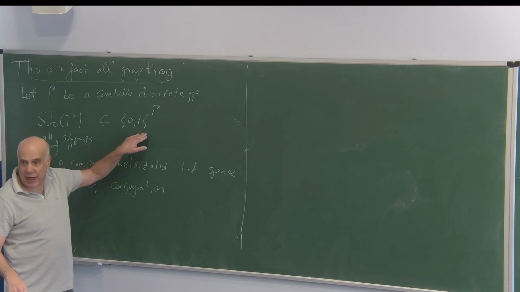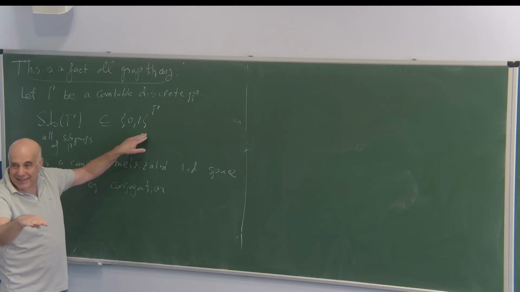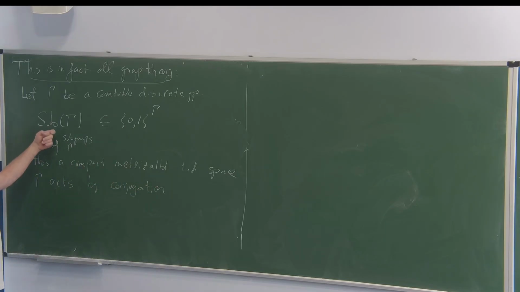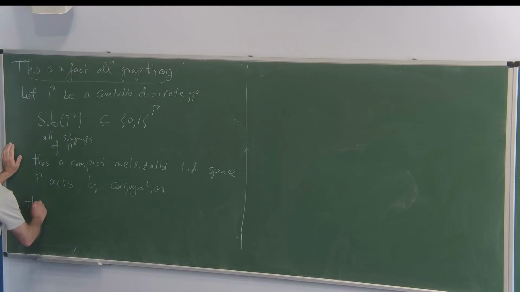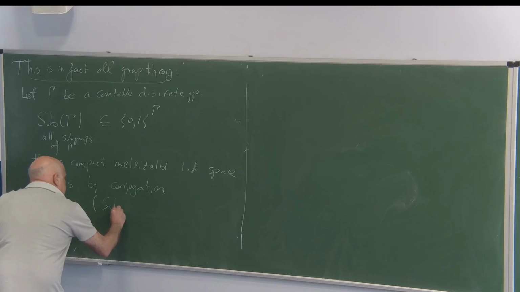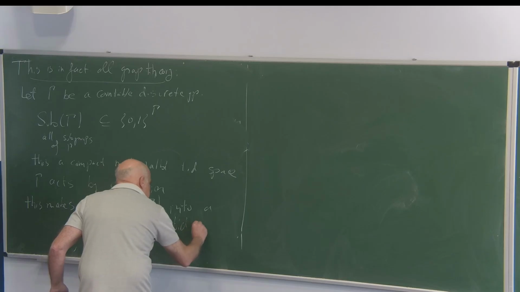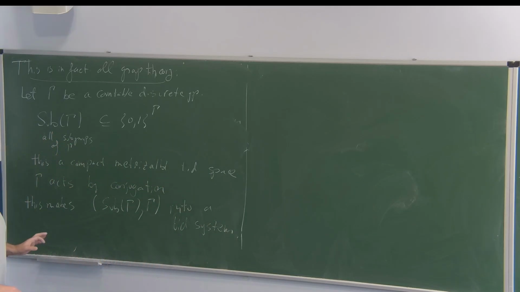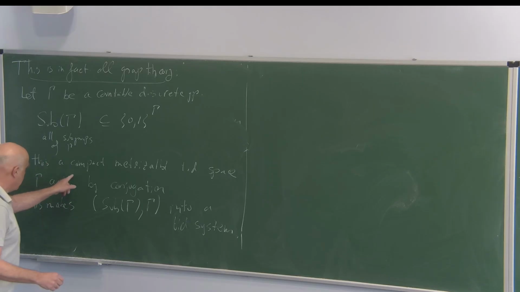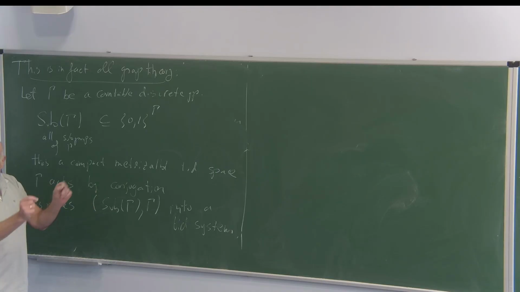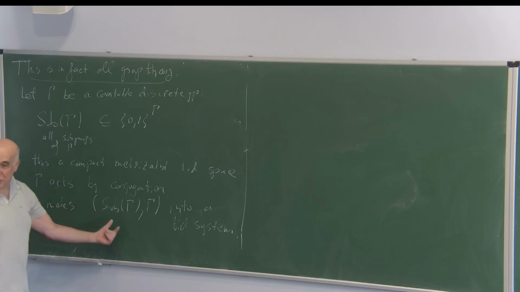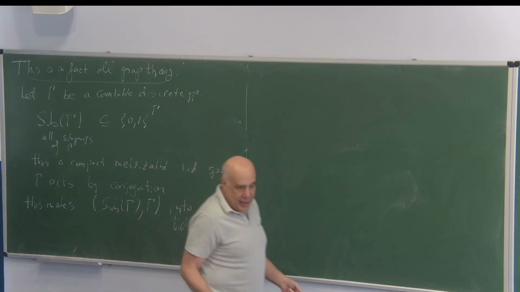When you think about the natural action on this space, you usually think about translations, but translation takes a group to a coset, and here the natural action is by conjugation, and this makes Sub(gamma) into a gamma-flow, a topological dynamical system, in the sense that we've been discussing just now. If you haven't seen it, work out the exercise. This is closed. This action is continuous by homeomorphisms and so on.